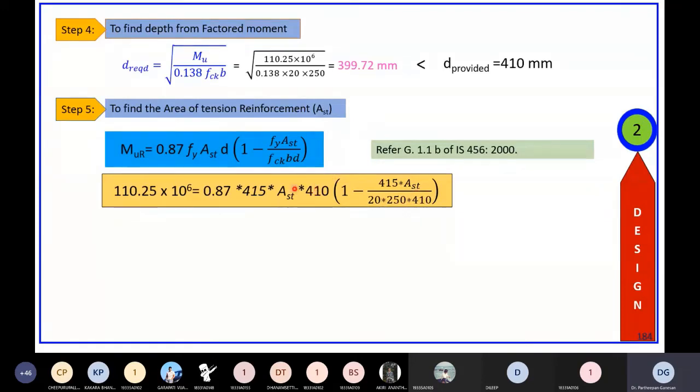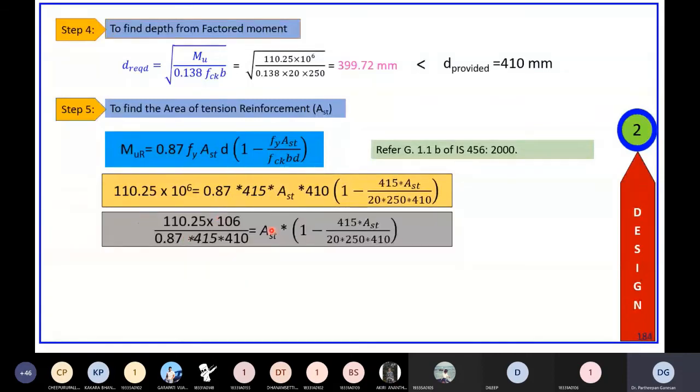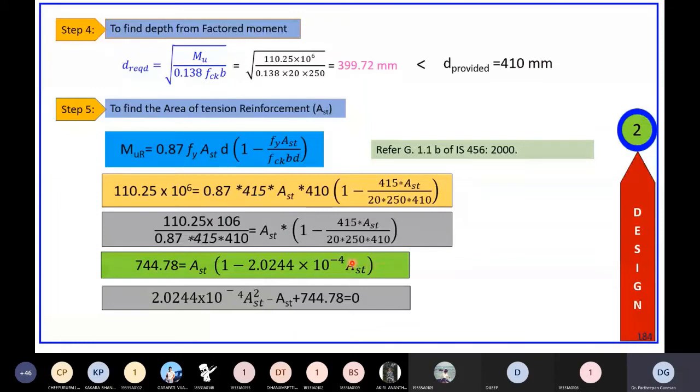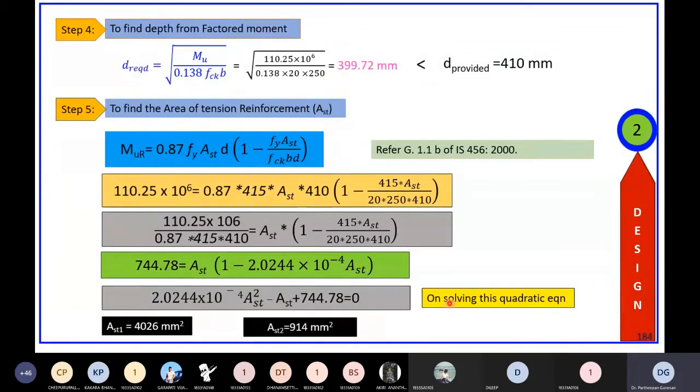So as I told you, you take this 0.87 FY into D to the other side. It will be much easier. Calculation will be much faster because on the right side you have only AST. So reduce this to a quadratic equation. If you solve this quadratic equation, you will get two values. One is 4000 something, another one is 900 something. Again, we are not going to take this 4000 higher value because we want to reduce the cost of construction and we do not want to over reinforce the section.